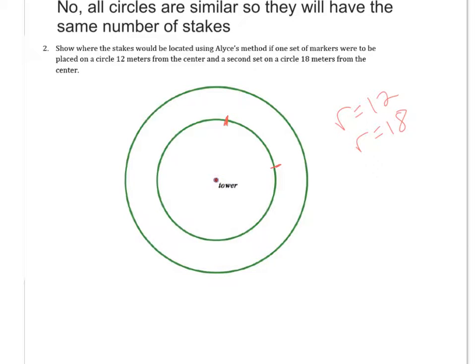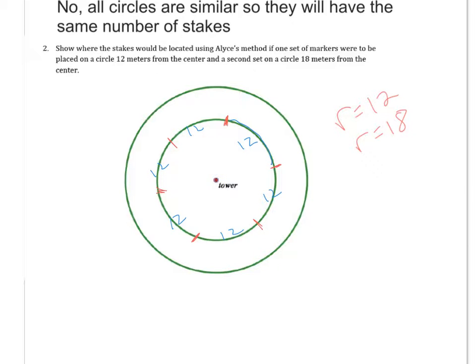So what I'm saying is this length is 12 meters. And then if we go another 12 meters, and another 12, and another 12, and another 12. So I tried to make that so all of these arc lengths look like they are 12.